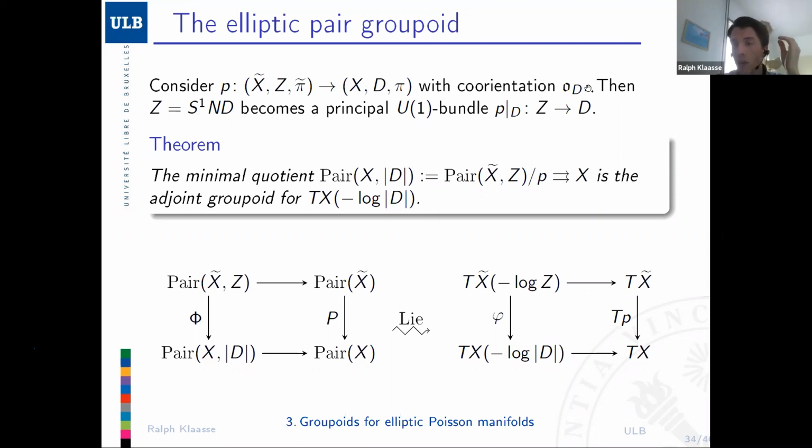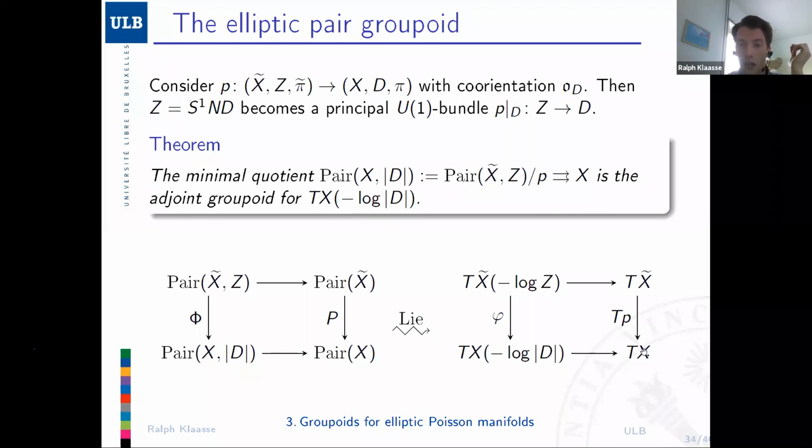As I was saying before, together with the elliptic ideal, that gives you a complex structure on the normal bundle to D, but it also gives you this principal U(1) bundle structure on Z. And that is enough to be able to construct this minimal congruence. Then if you do it via the previous result, you take the pair groupoid upstairs, which is the object constructed by Galtieri and Lie, and if you quotient it, it will be the adjoint integration of the elliptic tangent bundle.